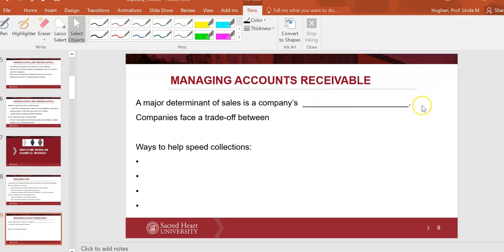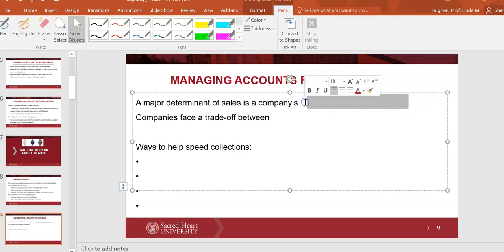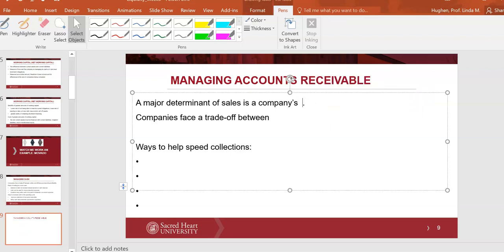A major determinant of sales is a company's credit policy. Who are we going to sell to on account? Who are we allowing to buy our products and not pay us cash immediately? Companies face a trade-off between how liberal their credit policies are.